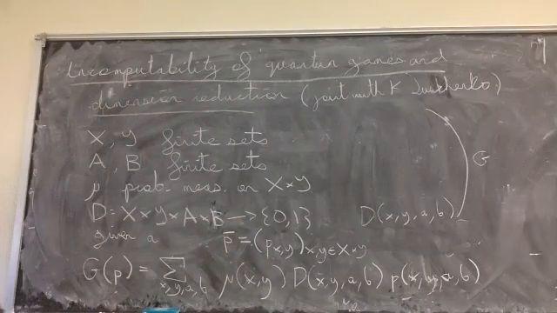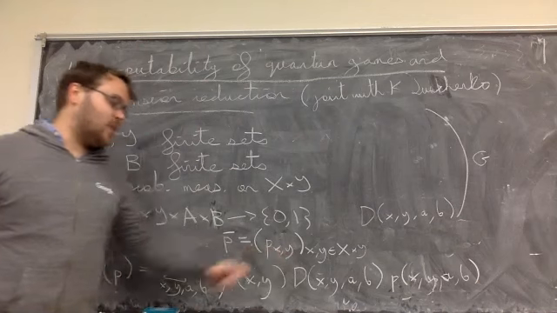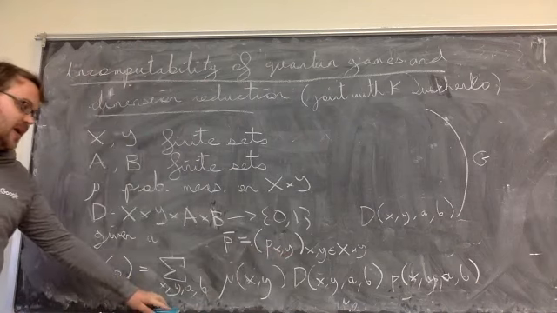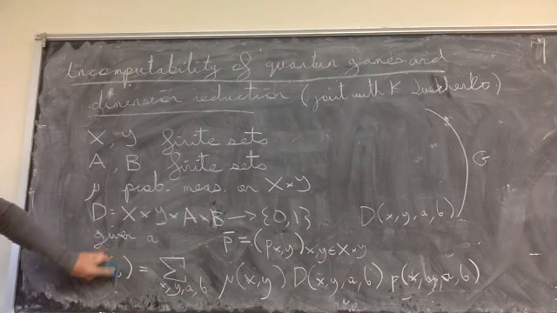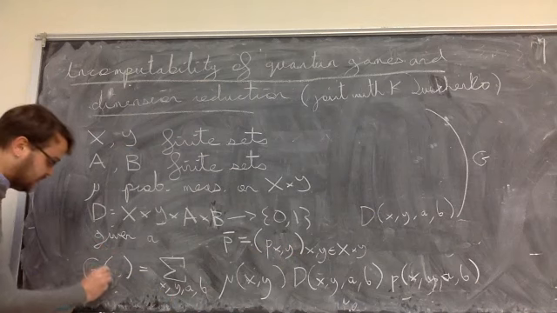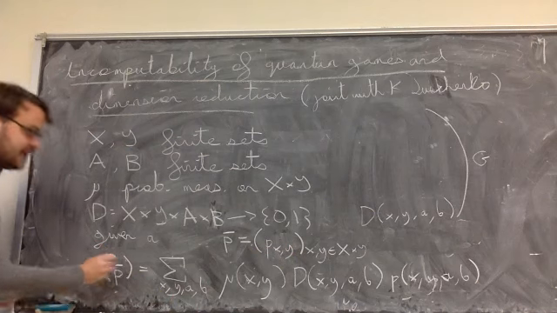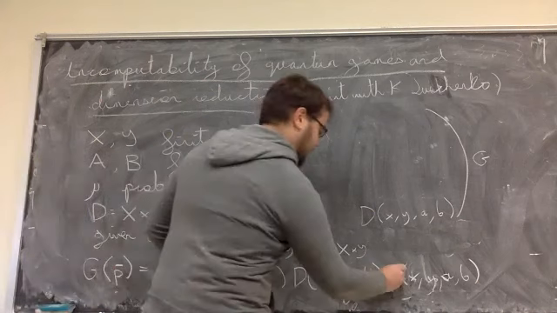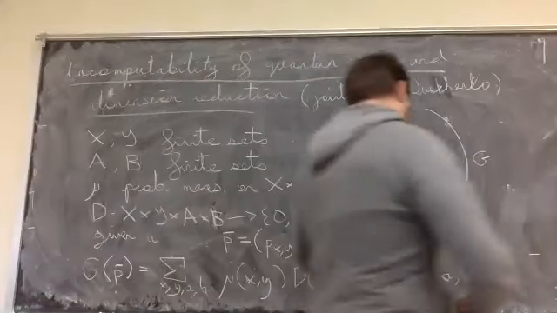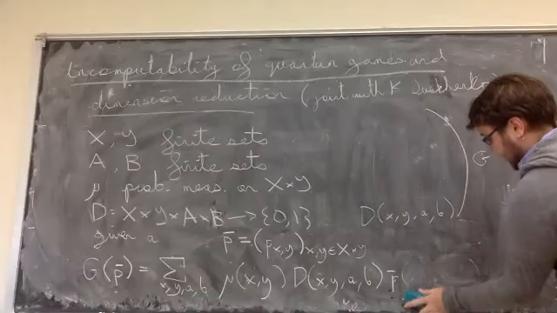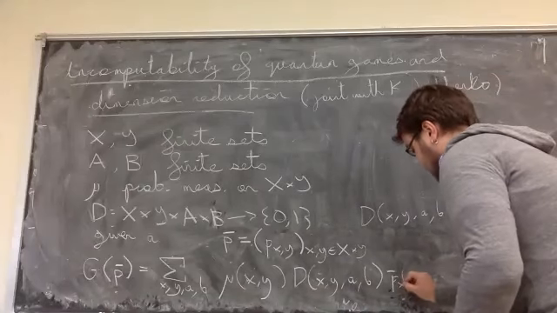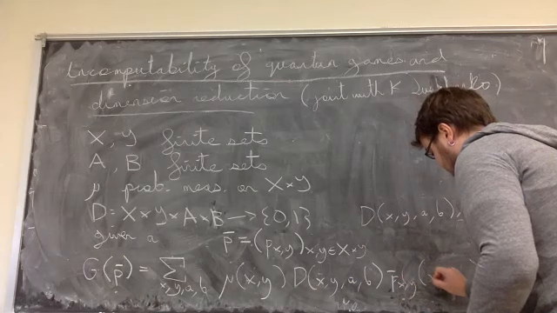For each pair x and y, we have a distribution on answers. They ask us questions x and y, and we have a certain distribution on answers. So this was a little incorrect: instead of evaluating it at a single probability measure, we should evaluate it at a family of probability measures indexed by x and y.